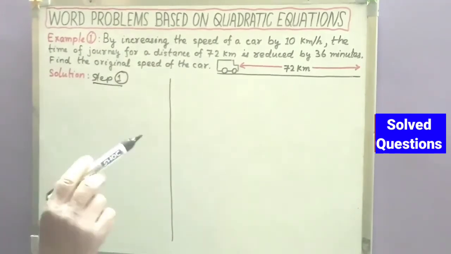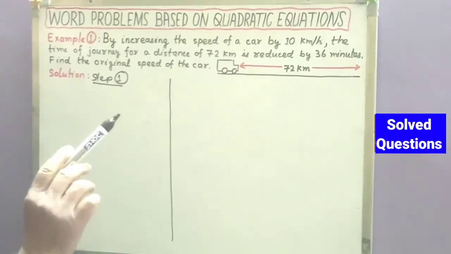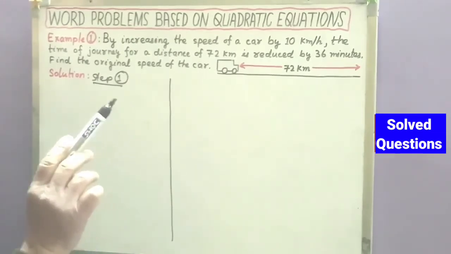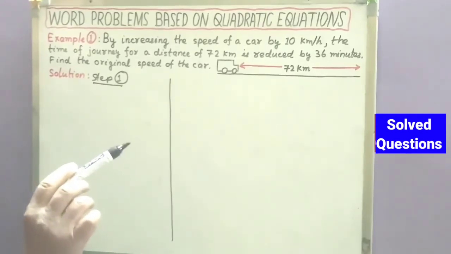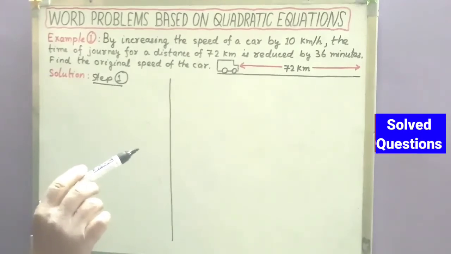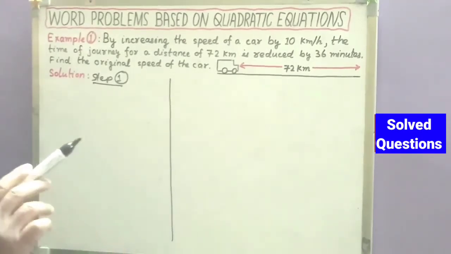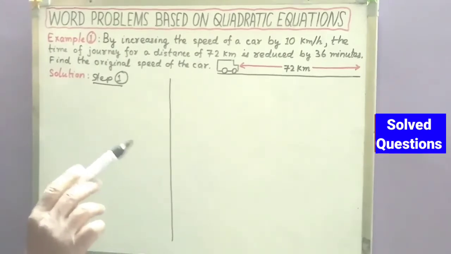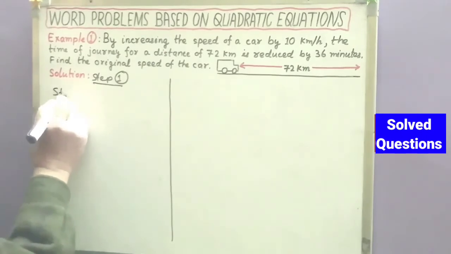Keep in mind what are given, such as first, a distance of 72 km. Second, original speed is increased by 10 km per hour. Third, time of traveling is reduced by 36 minutes. Also, identify that which is to be found out, that is, original speed of the car.